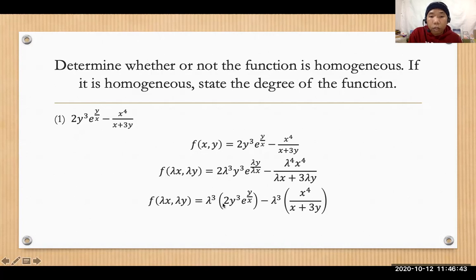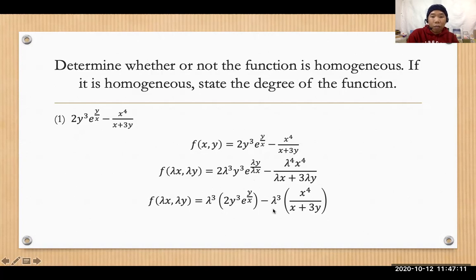So you have 2y cubed times e raised to y over x, which is similar to the first term of the given function. And for the second term, factoring out lambda in your denominator, lambda raised to 4 divided by lambda will give us lambda cubed.